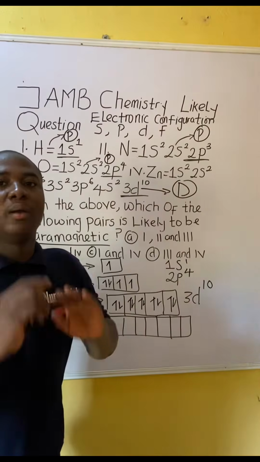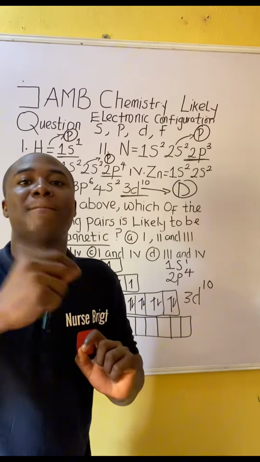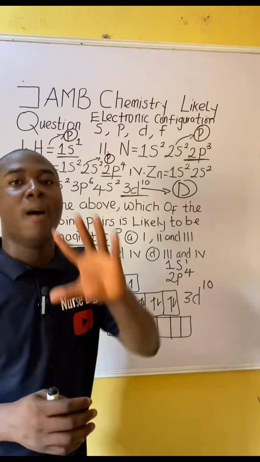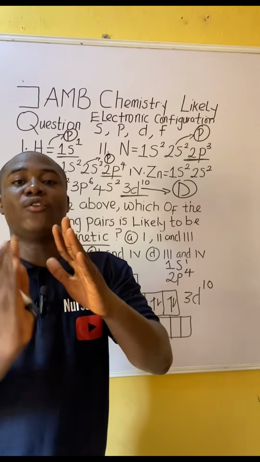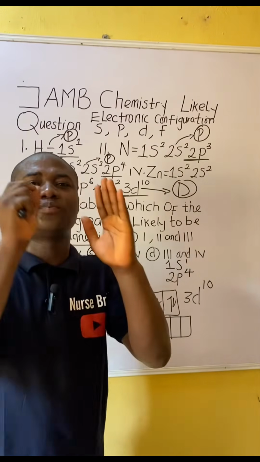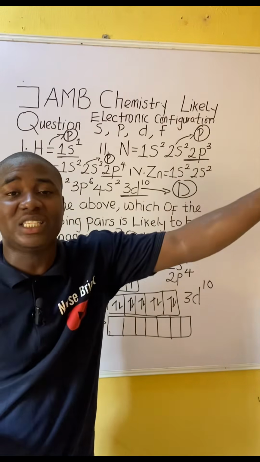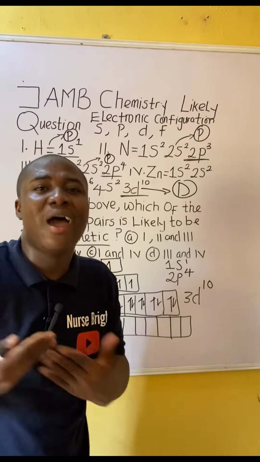Listen carefully, because the tendency of elements to have paired electrons is diamagnetism, but unpaired is called paramagnetism. But when a special type of element, specifically a transition metal, has a number of unpaired electrons, normally we should call it paramagnetism, but since it's for transition metals, we call it ferromagnetism.